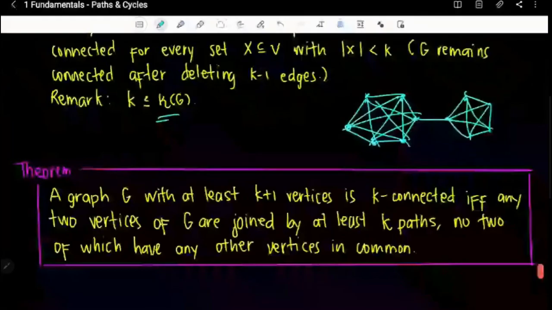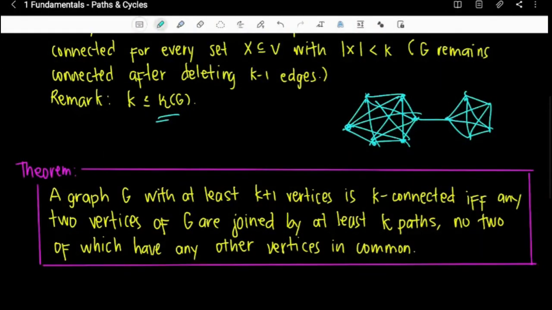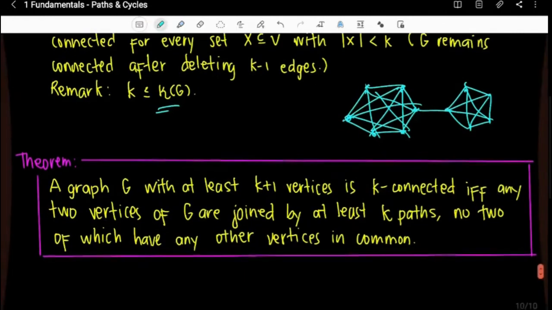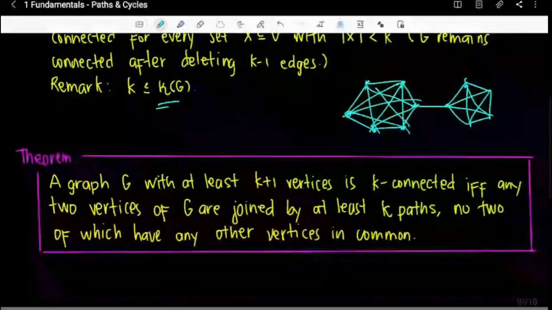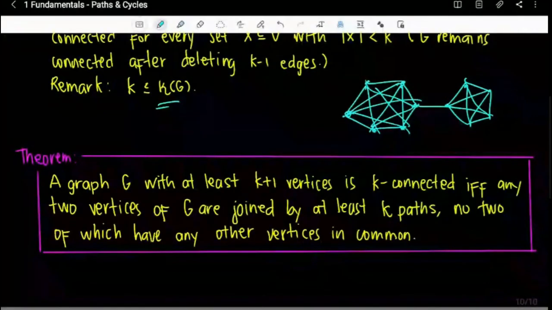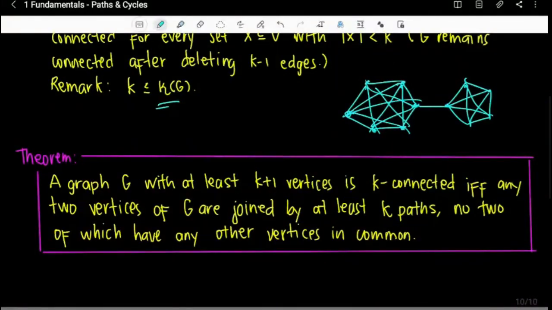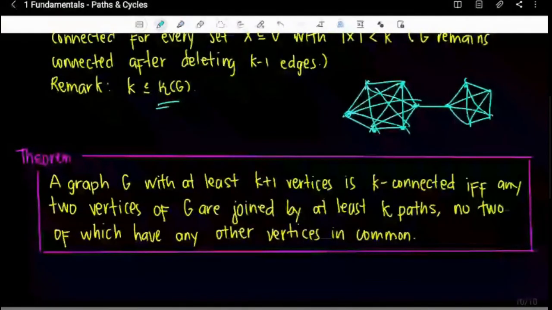Now, the nice thing about connectivity is that it can be described as well by the path. A graph G with at least K plus 1 vertices is K connected if and only if any two vertices of G are joined by at least K paths, no two of which have any other vertices in common. So this time, you cannot have a vertex in common.